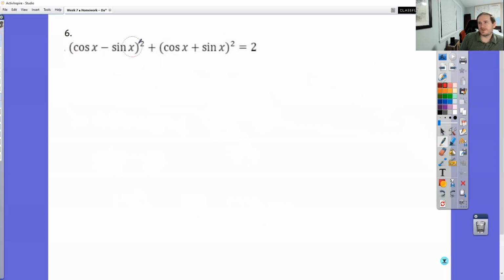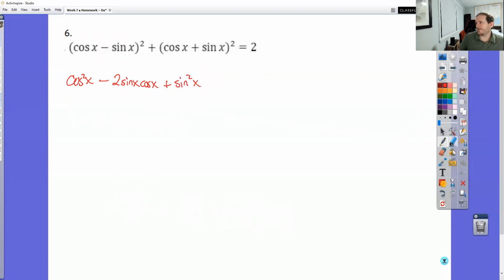So cosine minus sine squared would be cosine times cosine for cosine squared. And then minus a sine times cosine, and then minus a cosine times a sine. So that's minus 2 sine times cosine. And then negative sine times negative sine will be positive sine squared.